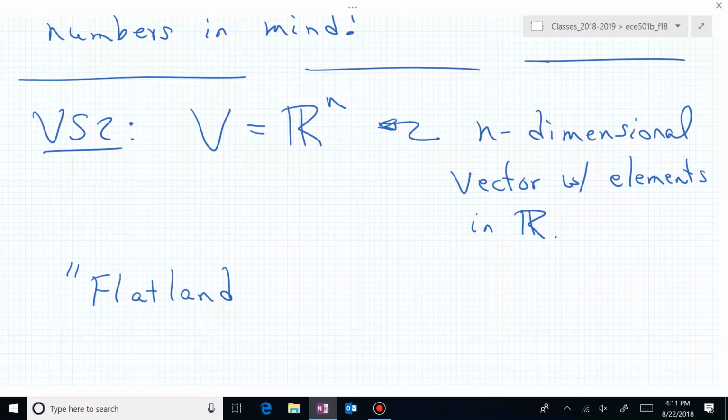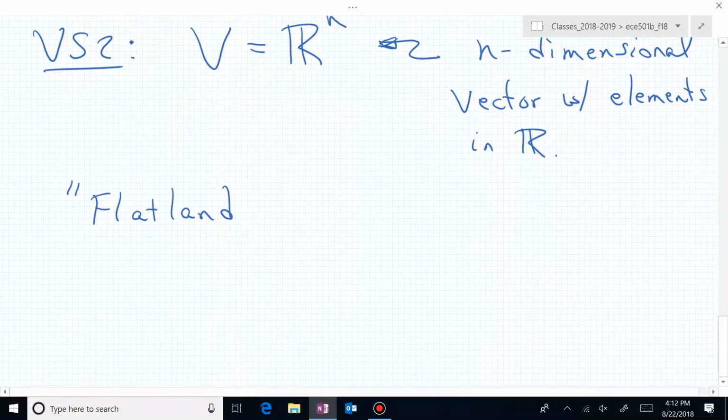It's trying to get you to think beyond a two-dimensional or three-dimensional vision. So it's trying to help you better understand multi-dimensions, which R to the n, if we have 10-dimensional space, you're going, how do I wrap my head around that? Well, maybe Flatland.